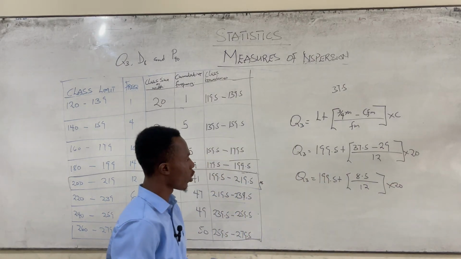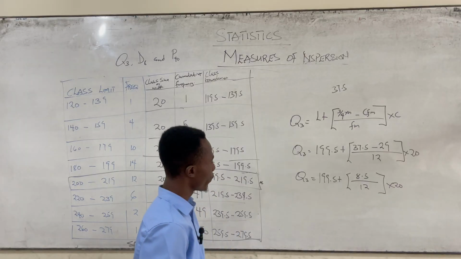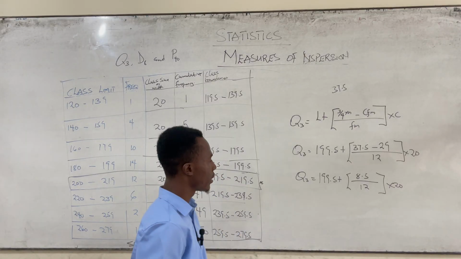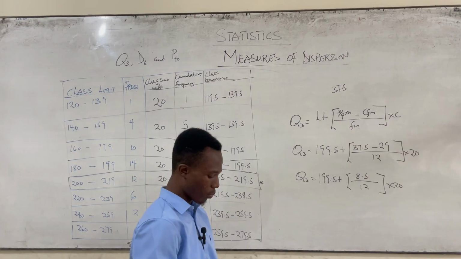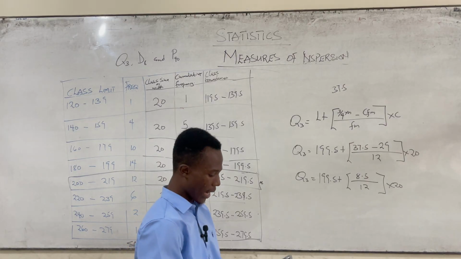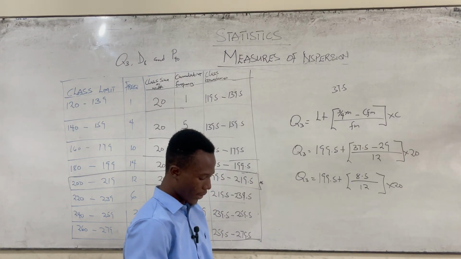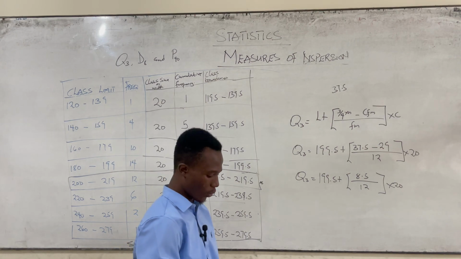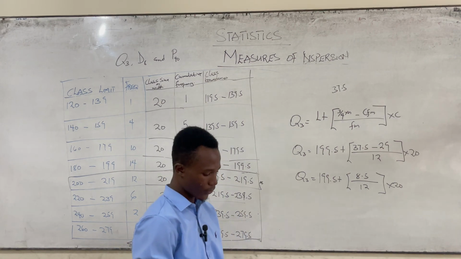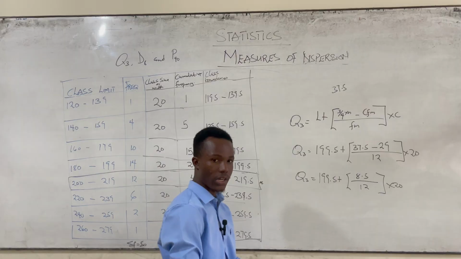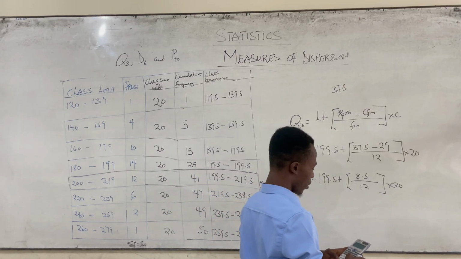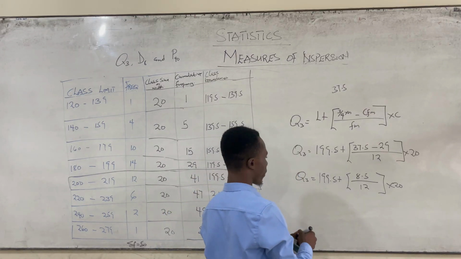Then you put everything on the calculator to calculate your third quartile, right? So you have 199.5 plus 8.5 divided by 12, then you multiply it by your class size, that is 20.